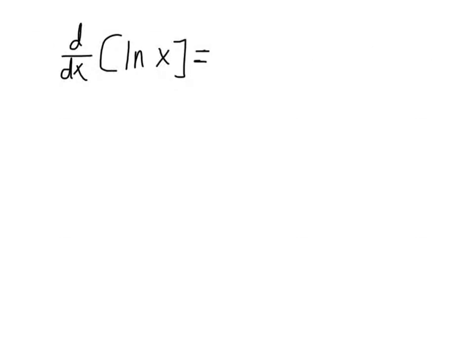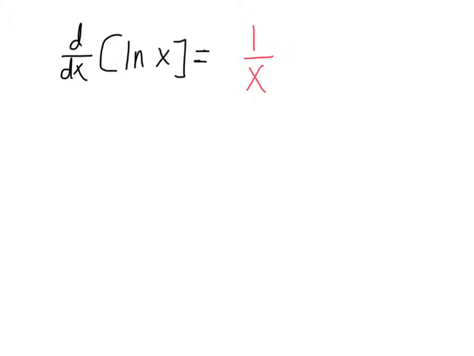Possibly one of the most important derivatives that we will deal with is the natural log of x. This one's pretty straightforward. It's 1 over x. There are numerous proofs for this. We will get into it later, but for now, just know that the derivative of the natural log of x is 1 over x.